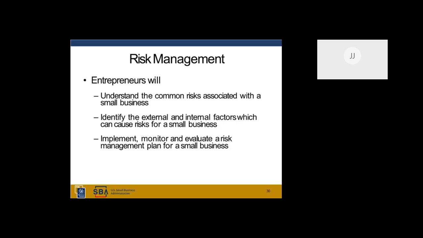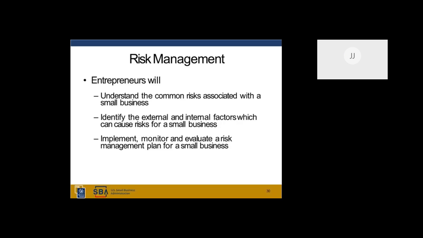This module may be best for companies in all stages of their business development. As you know, risks are going to affect your business no matter what stage you're in. But it's especially important for those entrepreneurs who really want to learn about minimizing the internal and external risks their business faces. Depending on what stage of the business life cycle you're in, the risks might be different.